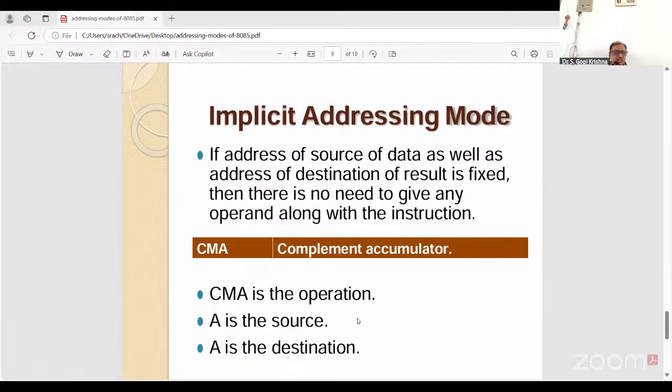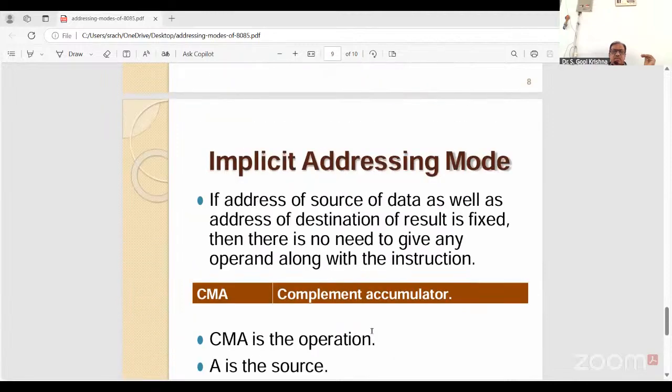So CMA is the operation and A is the source. The complement of the contents of the accumulator: A is the source and A is the destination. The data in the accumulator will be complemented. So that is the implicit addressing mode.